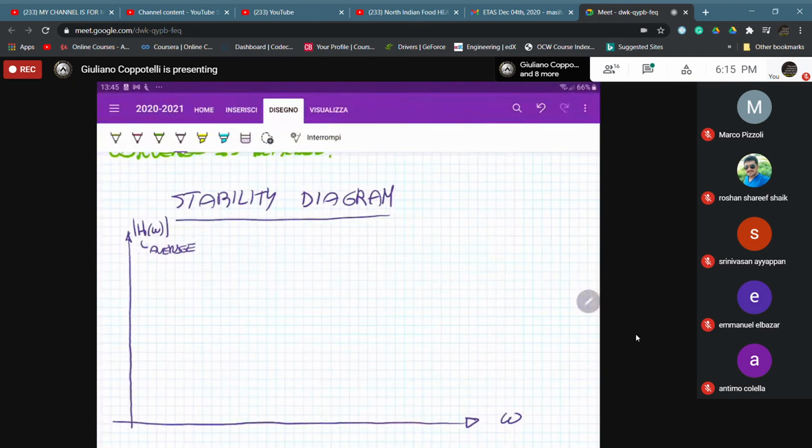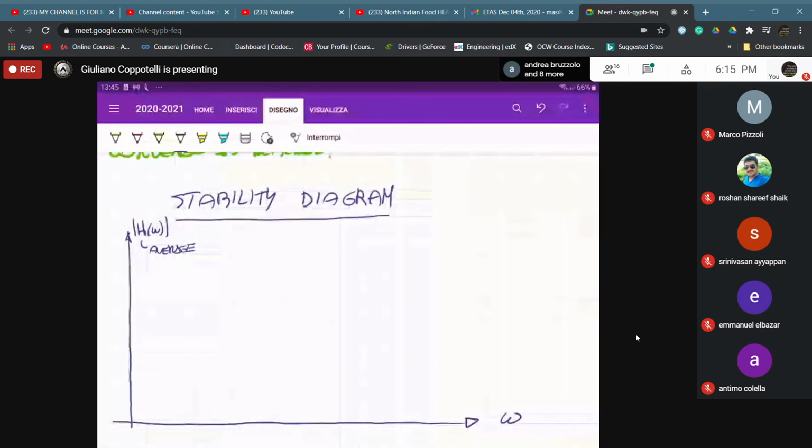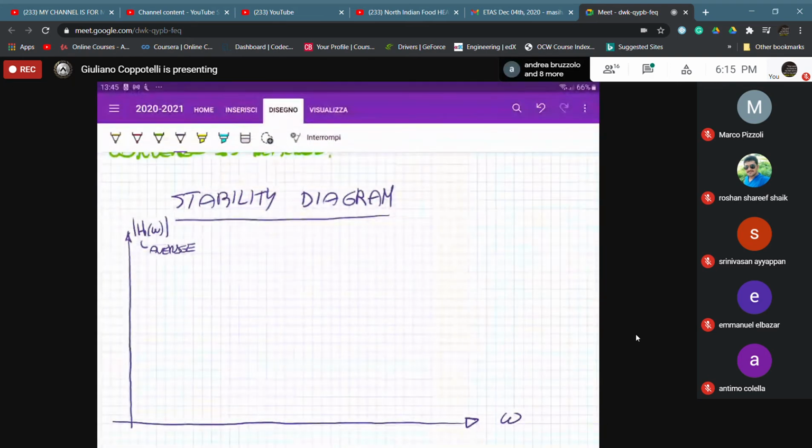And that is because by using the average FRF, we can have the information of all possible poles that are active in your structure without going to the risk of neglecting some poles because that specific FRF is not containing any poles which we are interested in. Okay, so that's the reason why we start with the average.